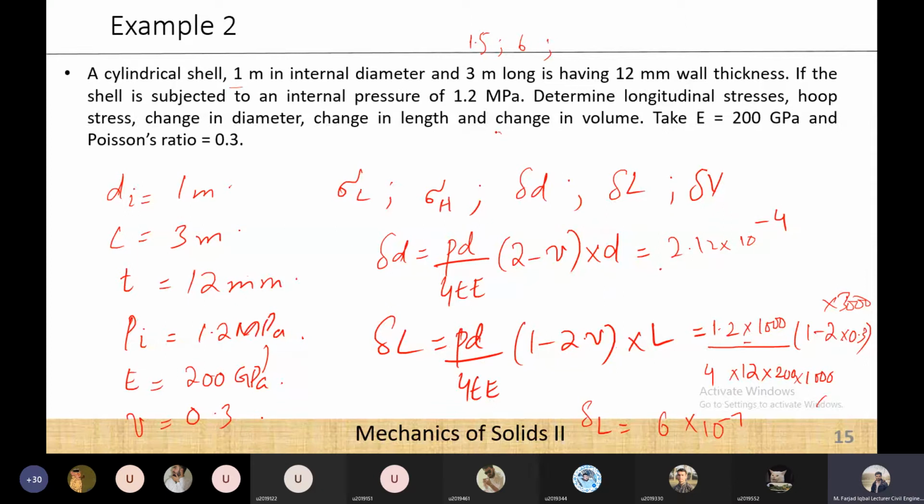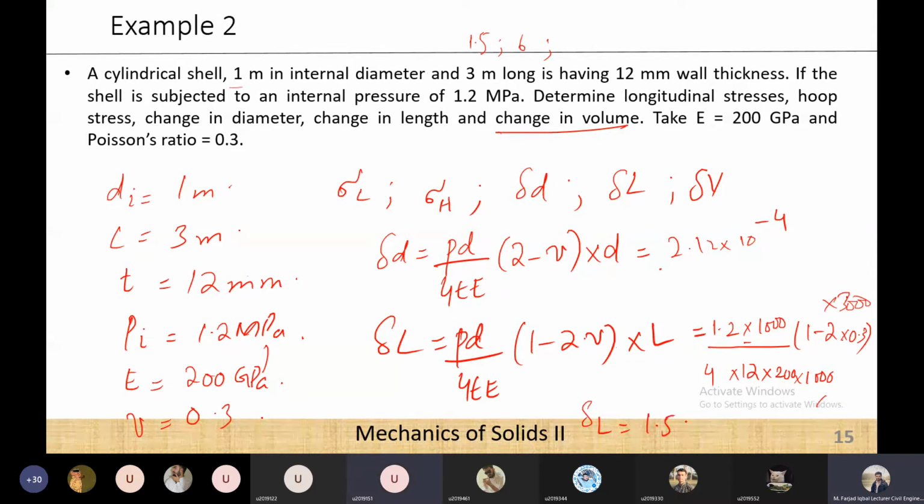So what about change in volume? Calculate this one as well. This change in length is 1.5 into 10 minus 4, I believe.